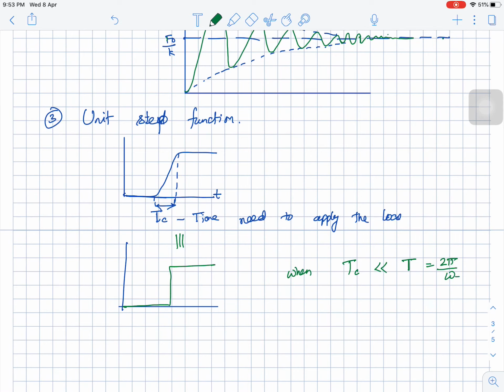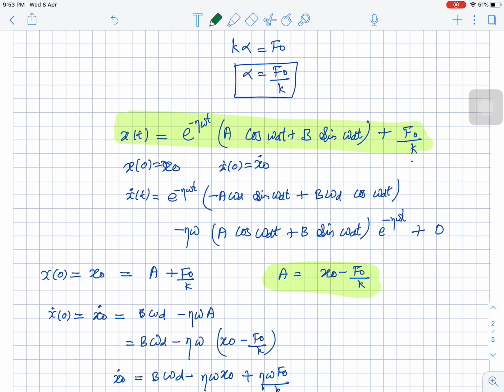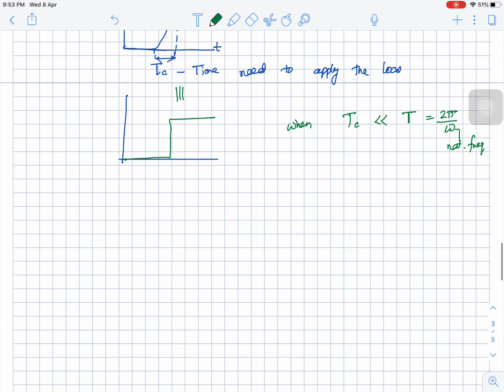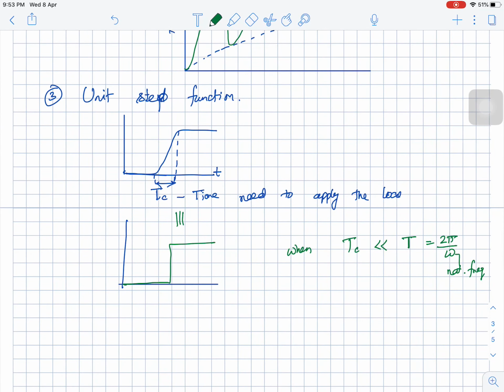So omega is the natural frequency. If this condition is satisfied, then we can call this loading that we are giving a unit step function.